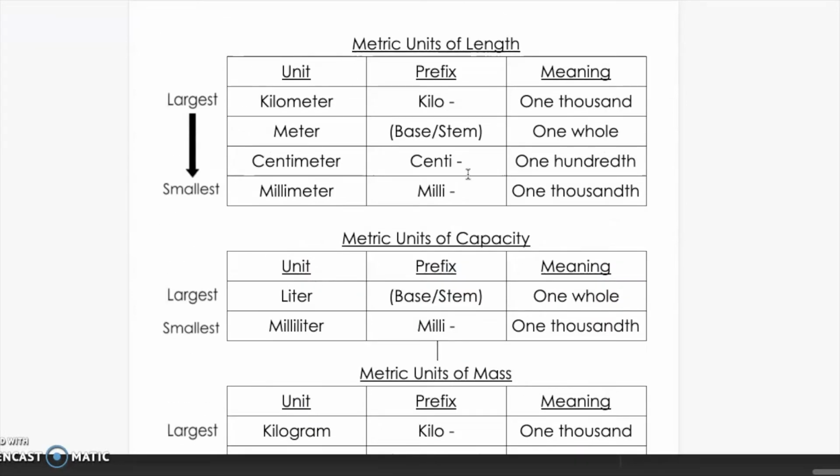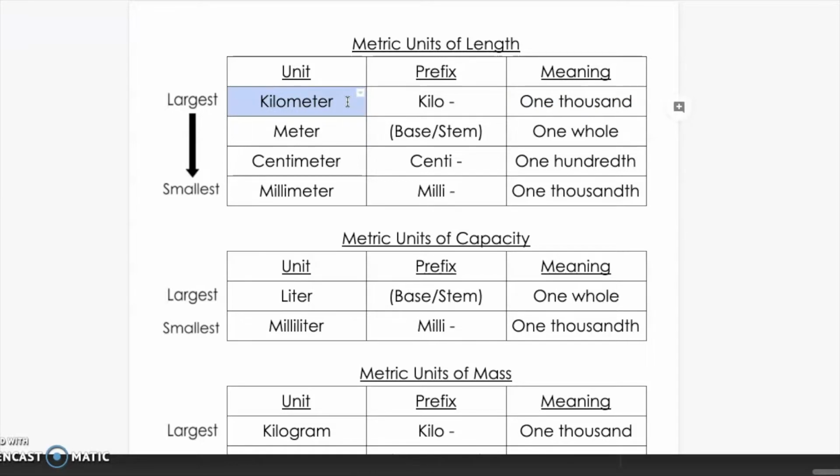So let's look at the top table for length. Our prefixes are added to the beginning of the word. So what I've done is I've written the whole word here, what the prefix is, and what the prefix means. Starting at the largest unit for length, we have kilometer.